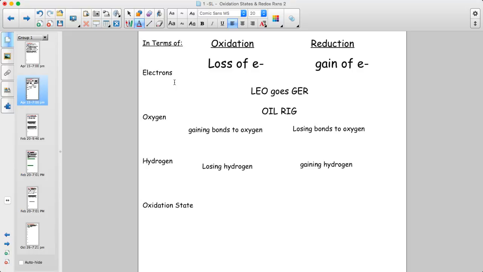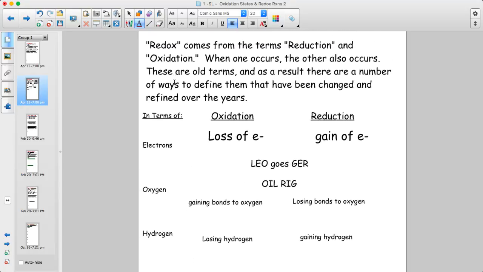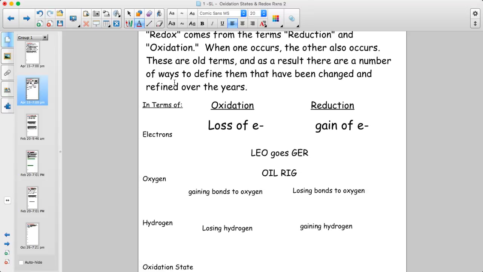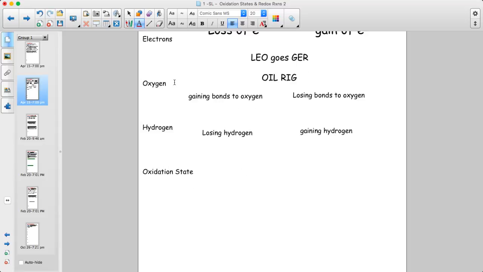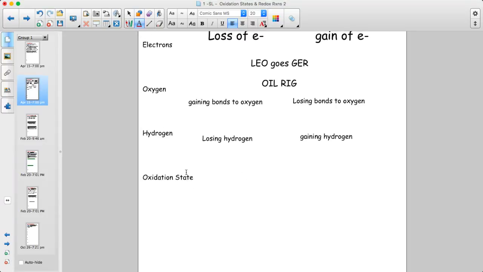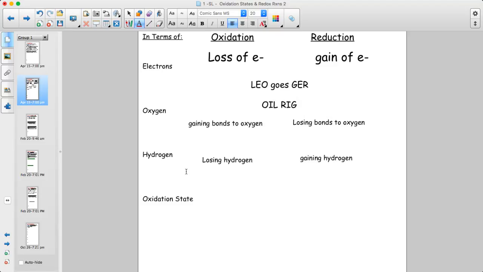So we've got so far three different ways to think about what redox really is. Loss of electrons, gaining oxygen, and losing hydrogen for oxidation. These different definitions apply in different scenarios. They apply better in certain reactions than others. And that's a problem when you have a definition that doesn't always apply very well to a given type of reaction.